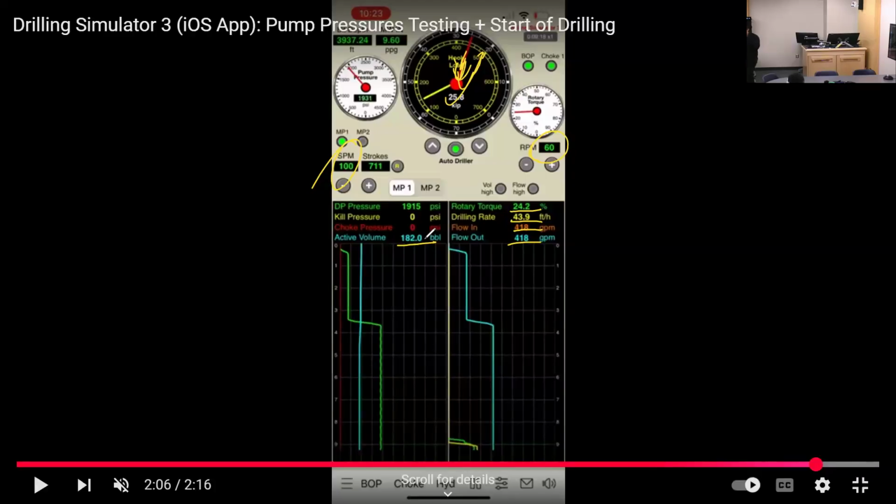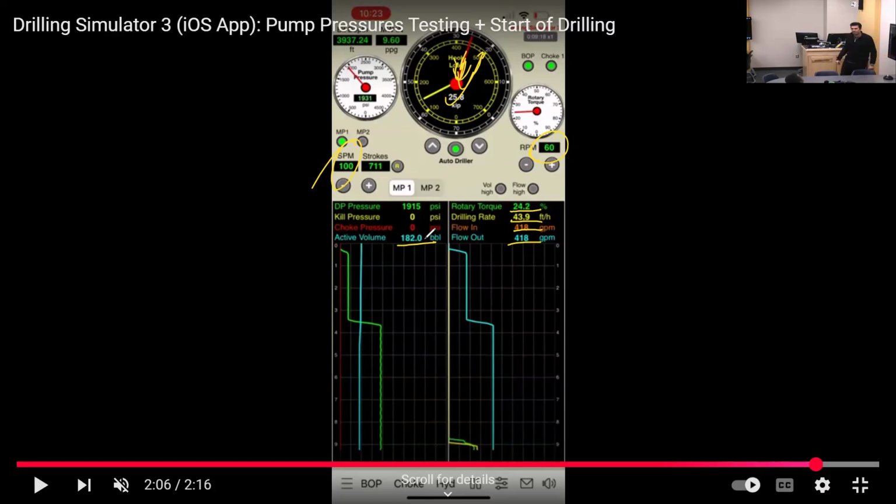Now, that is a little bit more complex to discuss right now, but the idea is that if I'm getting a kick, the active pit volume will rise to an abnormal value. And if I have lost circulation, the active pit volume is going to go down because I'm losing mud, right? That's the idea. But it also goes down because I'm drilling deeper. So you need to take that into account.